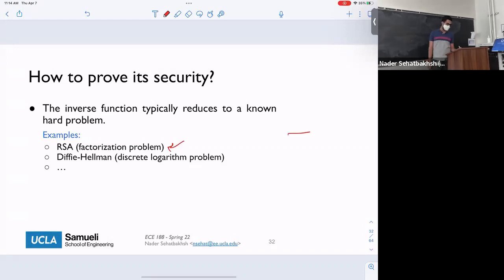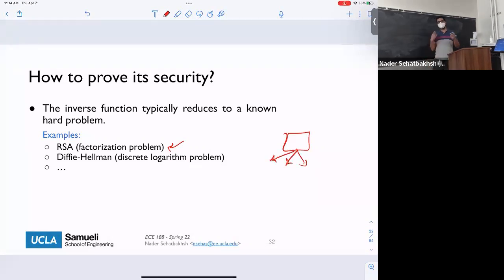If you have a large number and you want to find its prime factors, it can be shown in computer algorithms that this is a hard problem. This is an NP problem, right? If you have a really large number, we cannot find the prime factors of that number. And this RSA trapdoor function reduces to that.